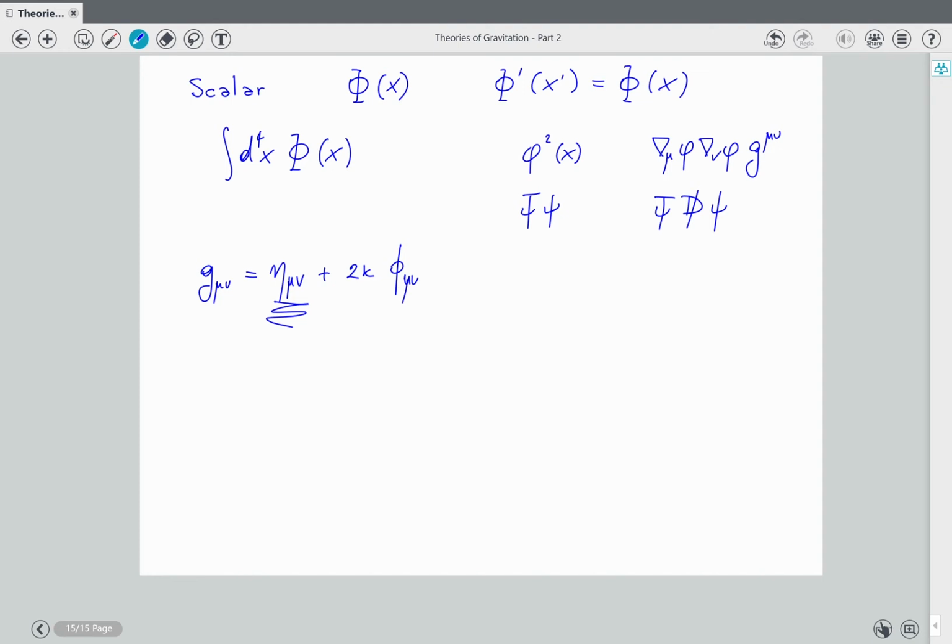And then you break general covariance down to Lorentz invariance, because every truncation of this expansion is no longer invariant under the complete symmetry group of the theory. But the theory is invariant, of course, because when you spontaneously break a symmetry, the invariance is always there, even if it's not manifest. But the vacuum is not invariant.